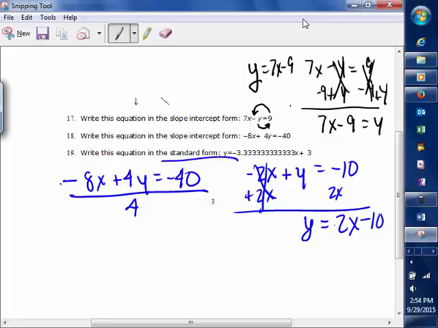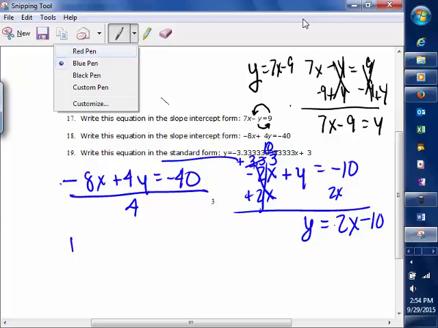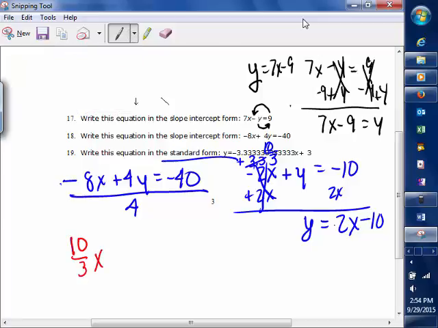Last one, standard form. Let's add 3.3x to both sides, or this is 10/3. So we get 10, oops, I'm going to change colors. 10/3 x plus y equals 3, because the 3 stays on the other side.